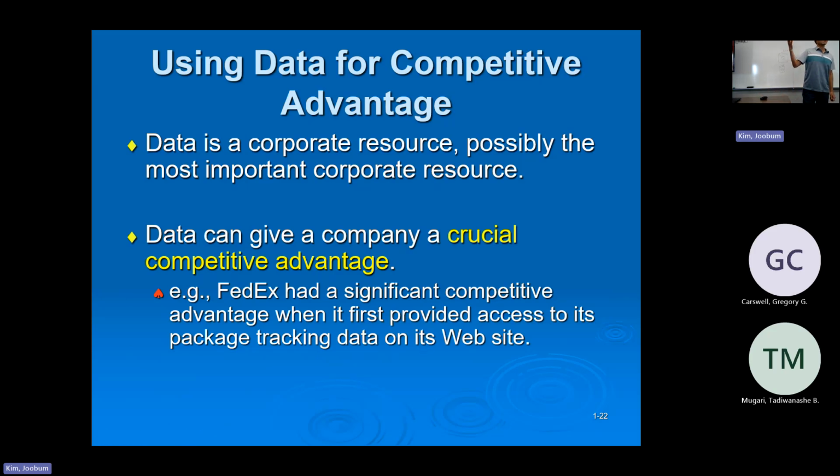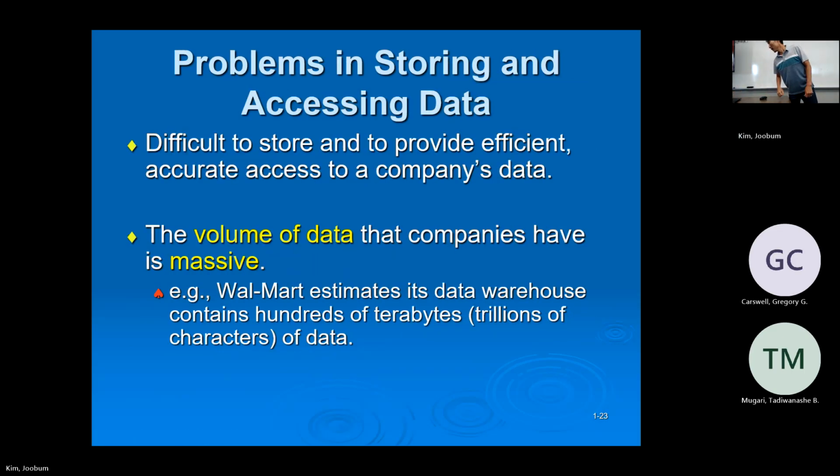So FedEx can be the leading company in delivery. Okay? And there are pros and cons. Everything in the world has pros and cons. There's no 100% good, 0% bad, or vice versa.